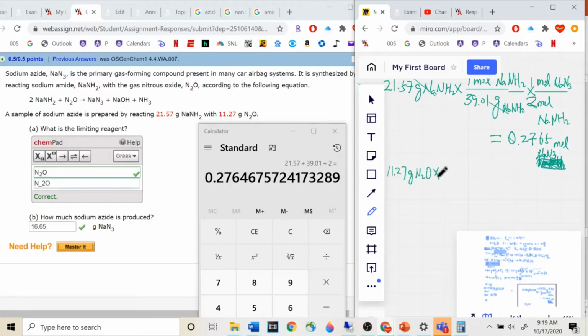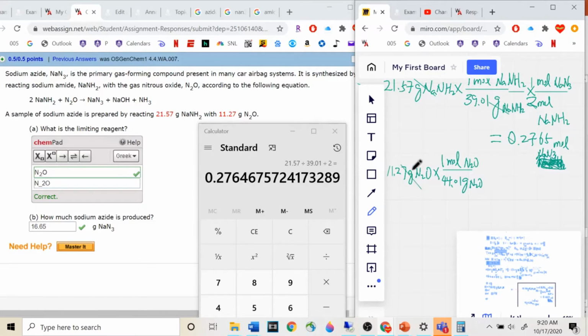We convert from the grams to the moles of N2O using the molar mass of N2O, which is 44.01 grams of N2O for 1 mole of N2O.